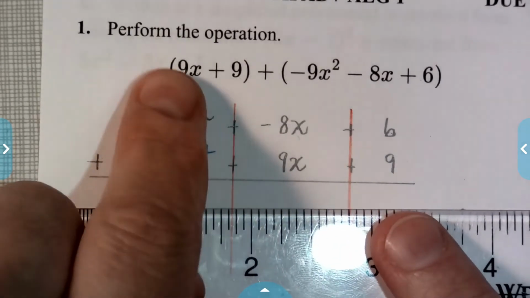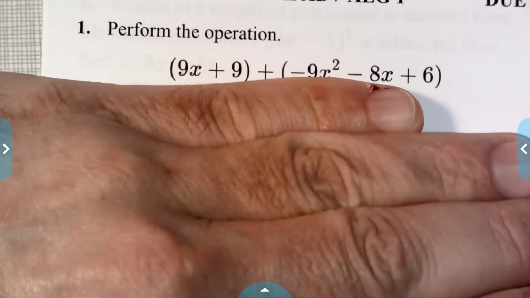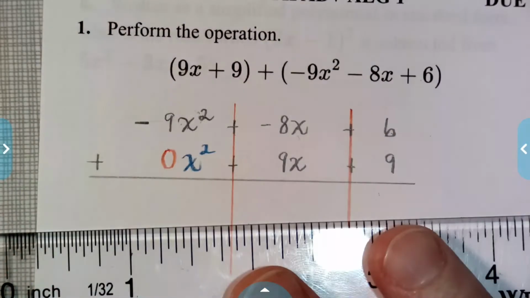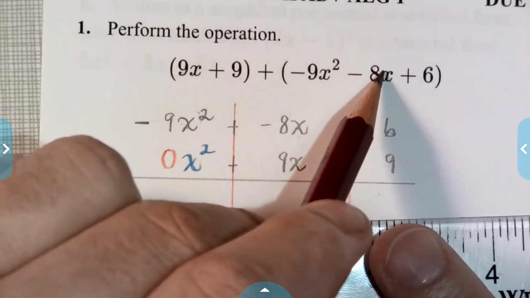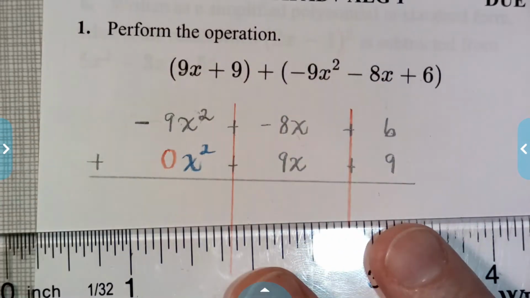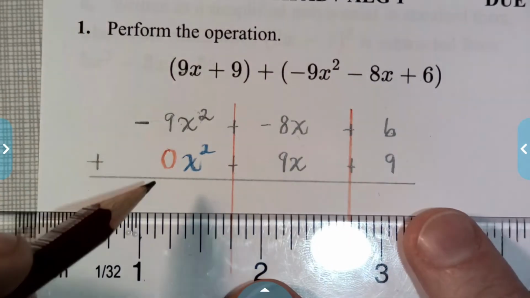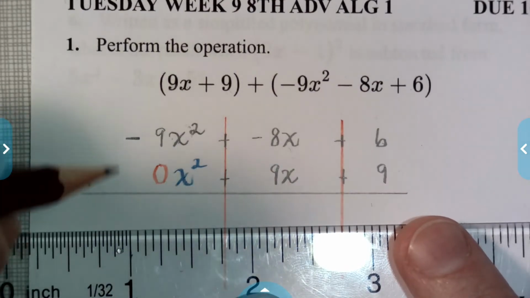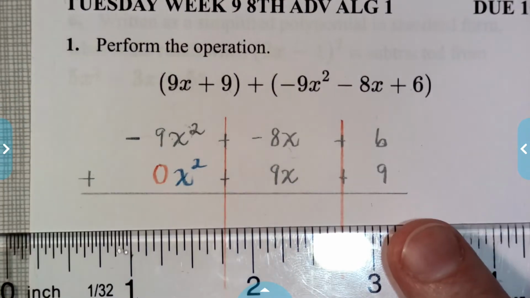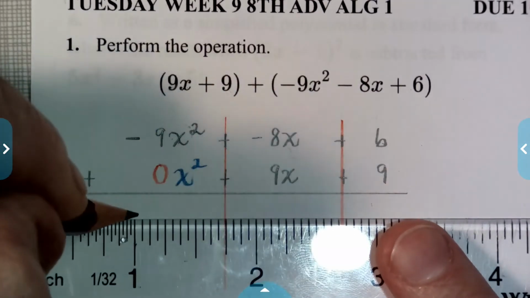When I see people trying to do this horizontally, they'll typically be drawing lines from the 9x to the negative 8x, and it's very confusing. This is ridiculously simple, and I'm saying this about myself here, not referring to the student. It makes it idiot-proof, and I'm an idiot, so I want to make things idiot-proof.